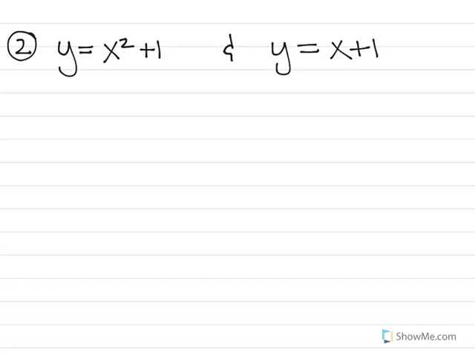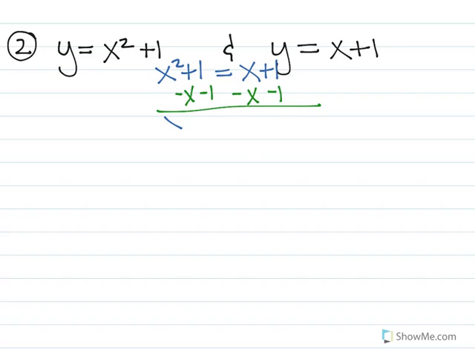Now, like we did before, we are going to combine these two equations. Since they're both set equal to y, we can set them equal to each other. And then we just have to get them all on one side so it's set equal to 0. So we're going to subtract x and subtract 1.